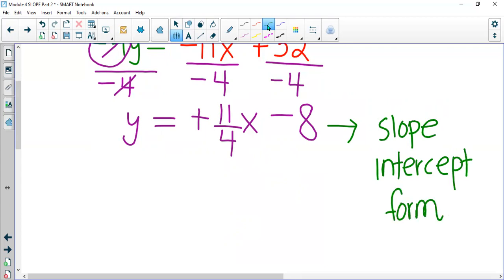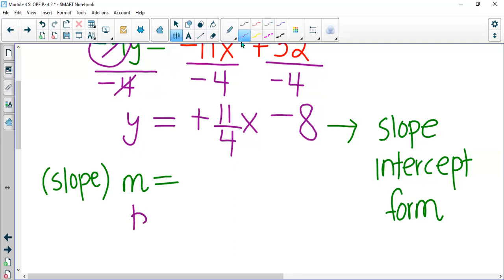Because from this equation, I can now figure out what the slope of my graph is going to be, as well as my b value, which is my y-intercept.